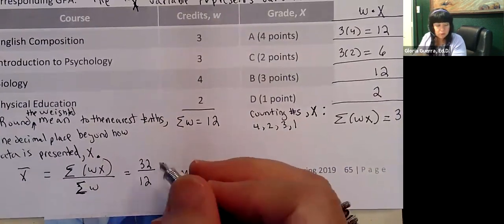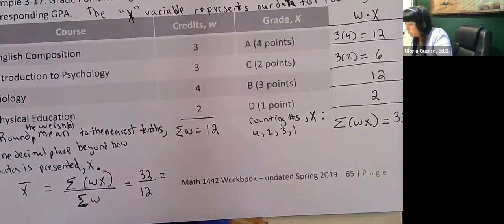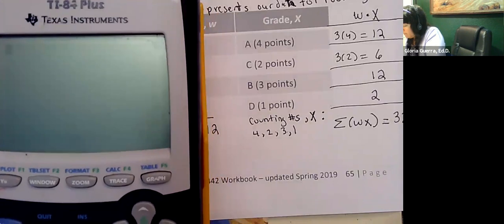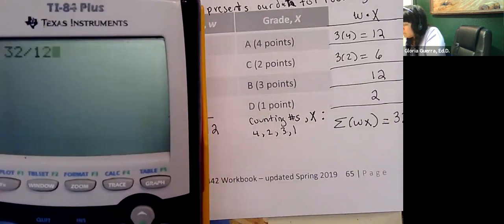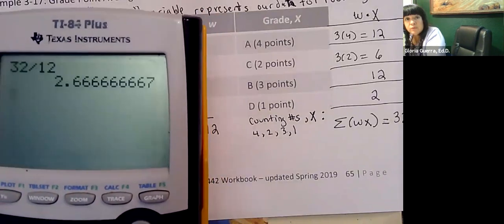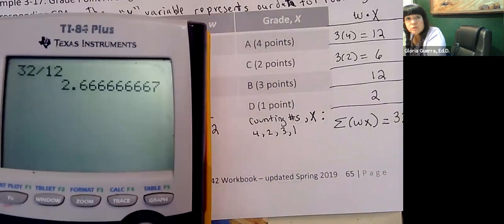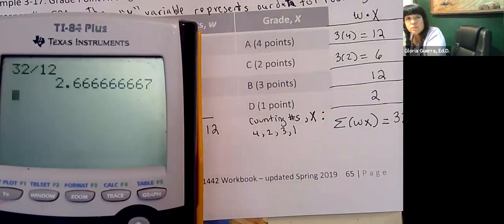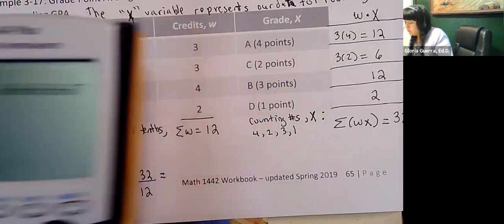And then on my calculator, when I do 32 divided by 12, it gives me 2 with a lot of repeating sixes. 1, 2, 3, 4, 5, 6, 7, 8 of them.